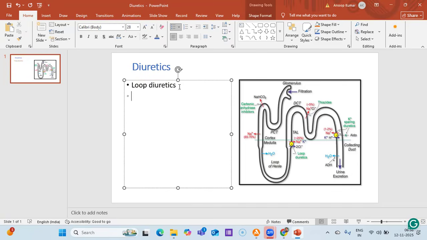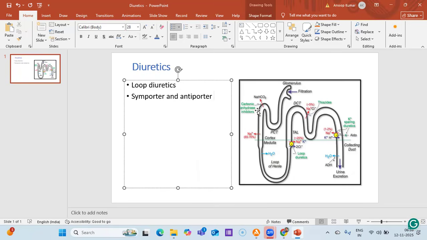Got it? So loop diuretics, and what are the transporters in the loop of Henle? You can see there is a sodium, potassium, and 2 chloride symporter. I told you in an earlier video there are two terms, symporter and antiporter. This one is an antiport: sodium is going in and hydrogen is excreted out.